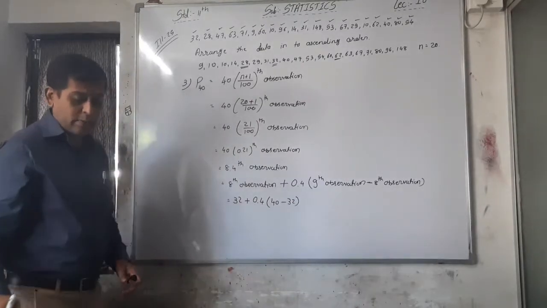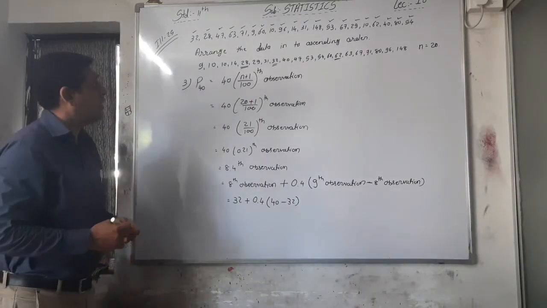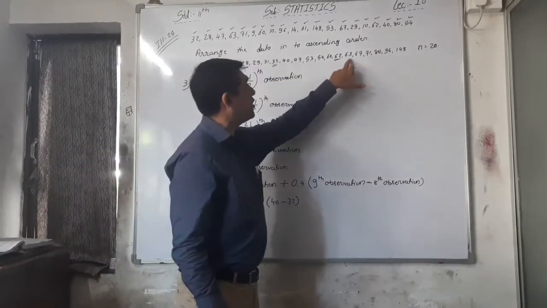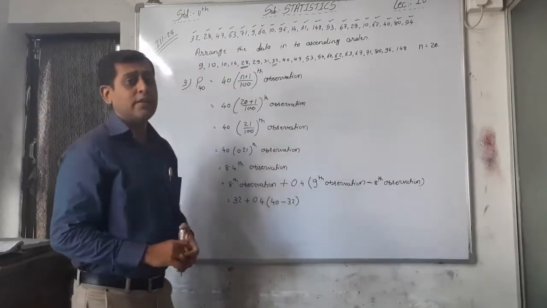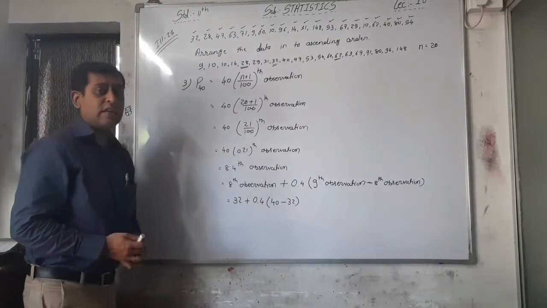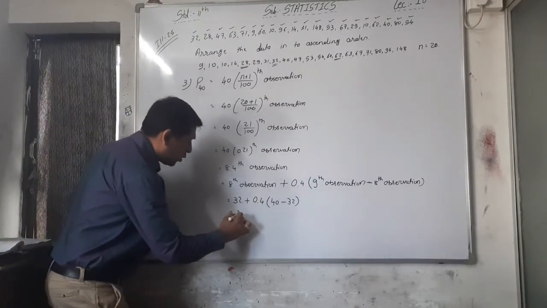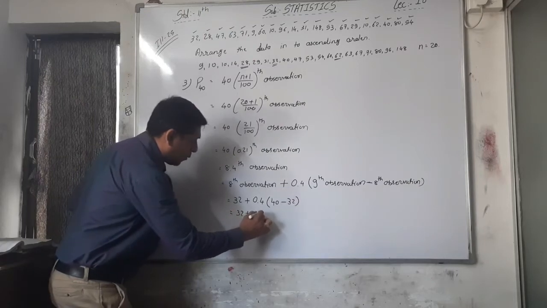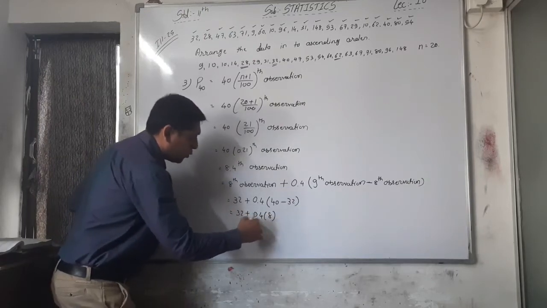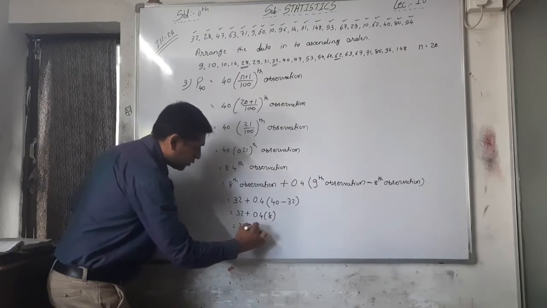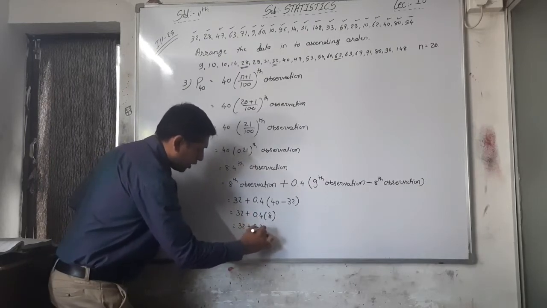See, in previous Q1 and D7, the next observation is 29 minus 28. The next observation here 63 minus 62. That is 1. But here the difference is 8. 40 minus 32. So here you have to write 32 plus 0.4 into 8. You have to multiply these two. 32 plus 3.2.